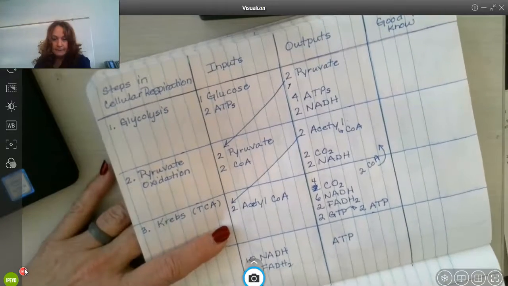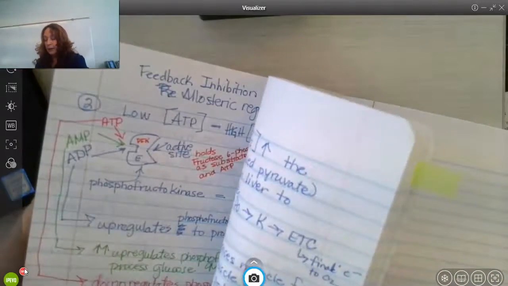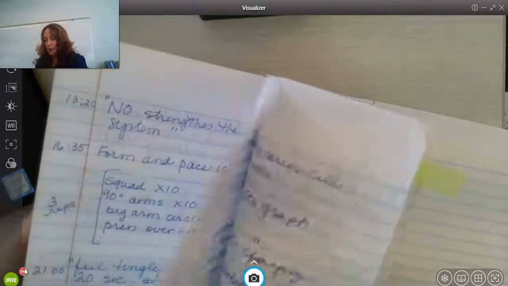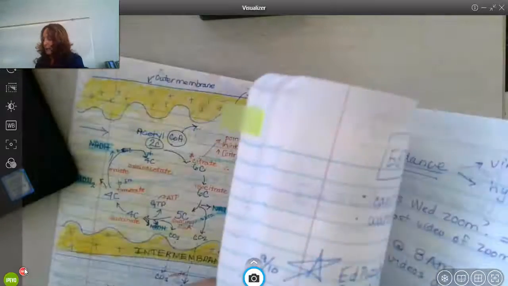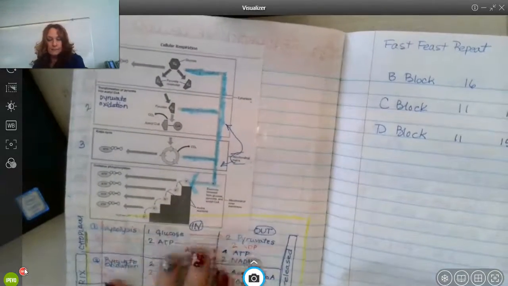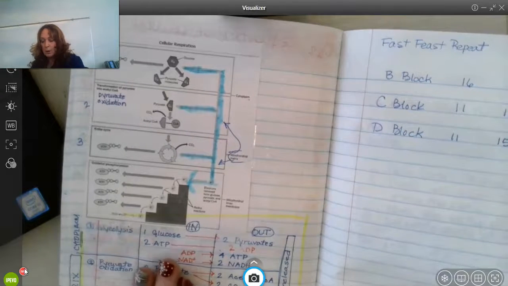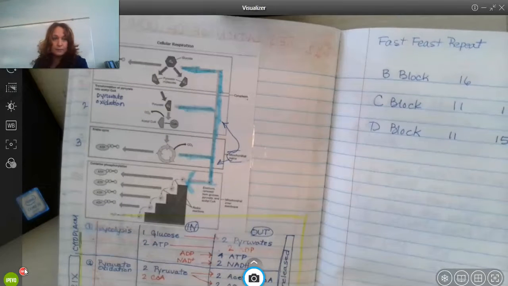Okay? So that's kind of the process of accounting for, in a very simplistic way, everything I have in blue, which came from that drawing.